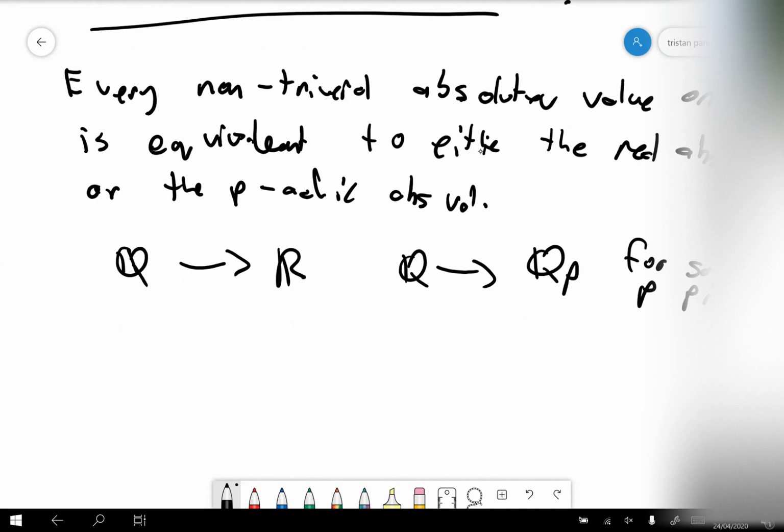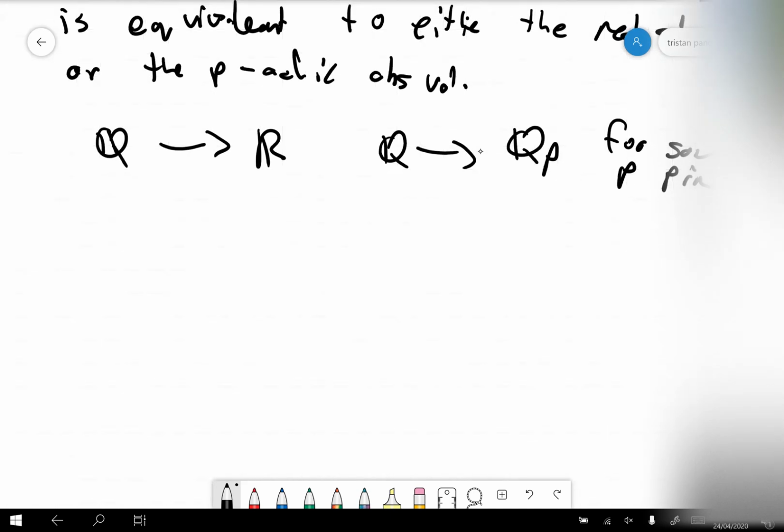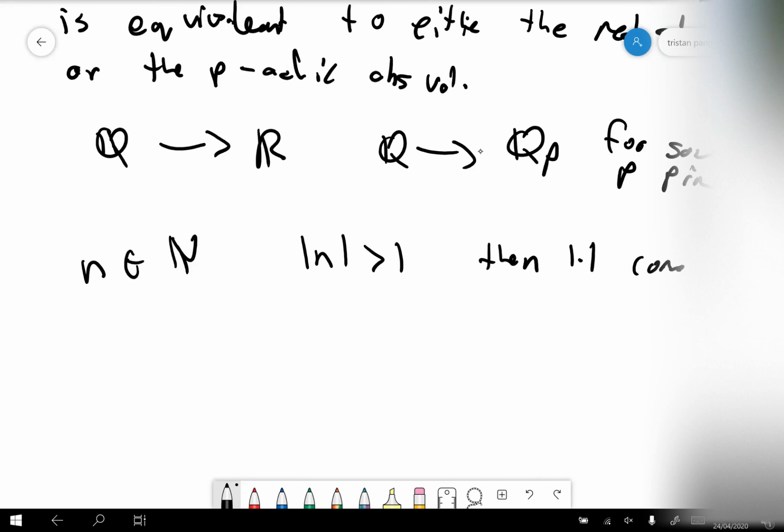The proof of this is quite long, and I don't think I'll go through it today, but basically there are two cases. If we take some n in the natural numbers, if the norm of n is greater than 1, then the norm corresponds to the real absolute value.